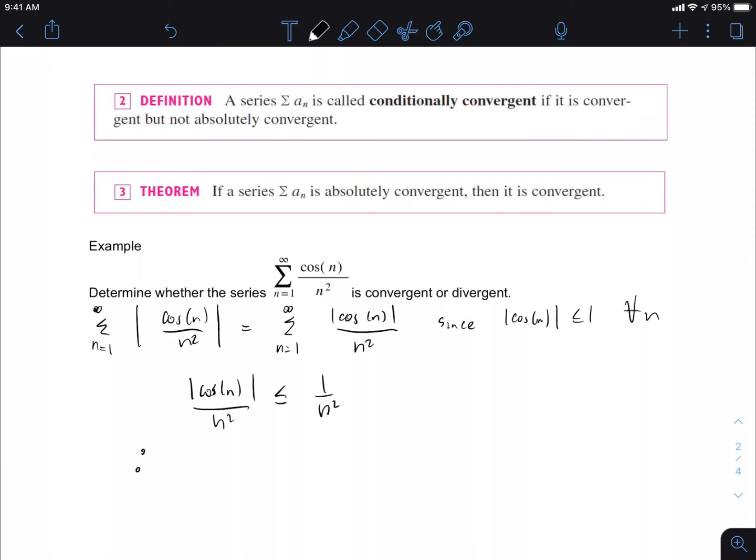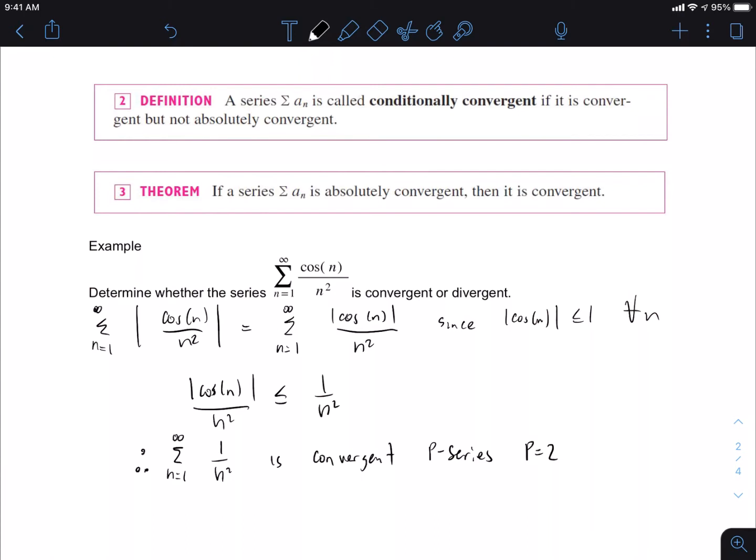So that means if I have a sum from 1 of 1 over n squared, this is convergent because it's a p series, and my p here is 2. The exponent here is 2, so that's telling me that it's bigger than 1, and so we know it's going to be convergent.